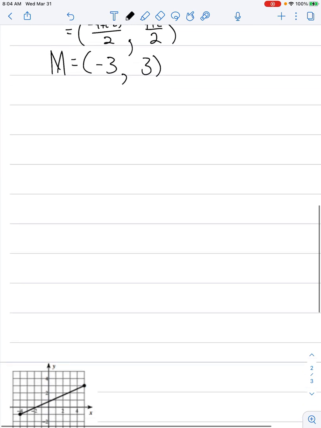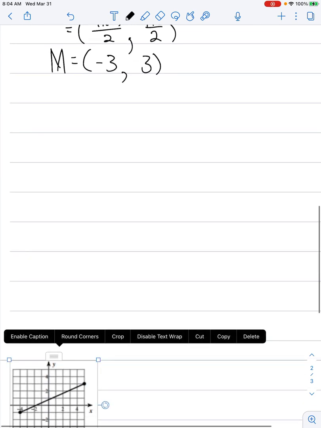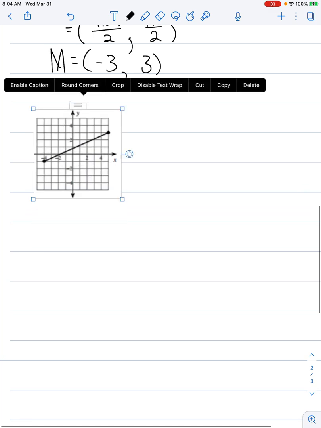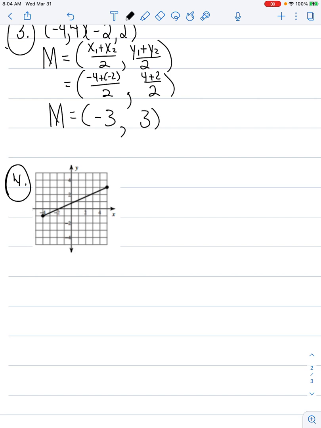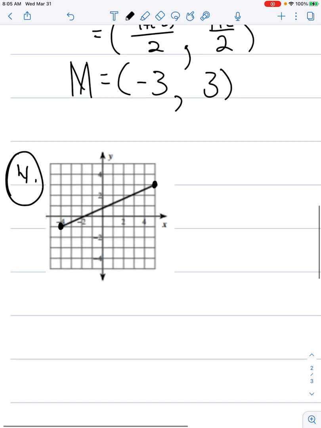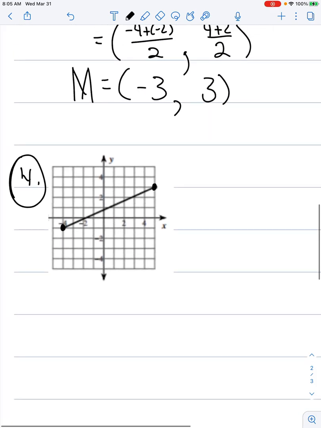Well, guess what? Just like sometimes they give you the graph for distance, I'm going to do the same thing for midpoint. So I want to find the halfway point, or the midpoint of this line. So the first thing I have to do is read the points. So in your notes, I just want you to sketch the line. And again, we're going to write the coordinates.